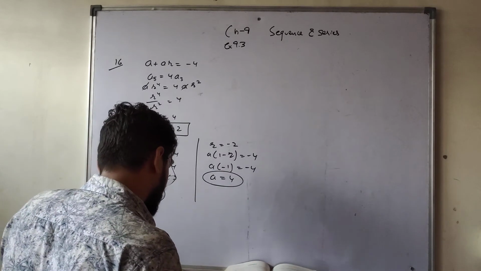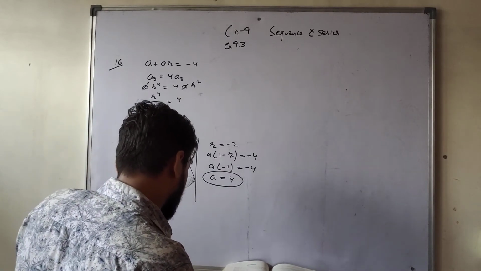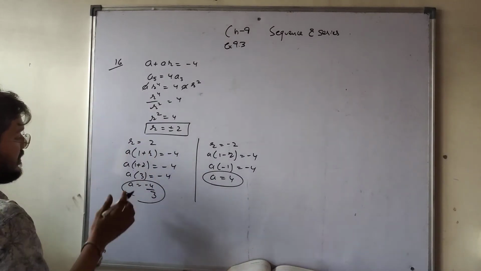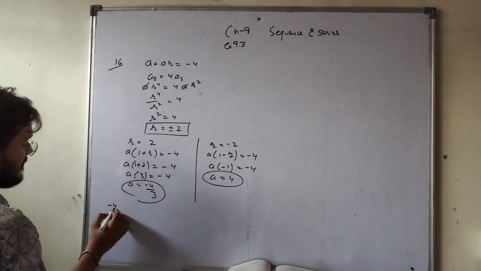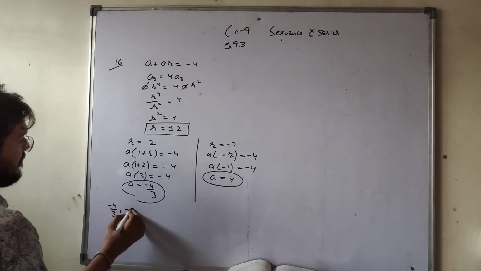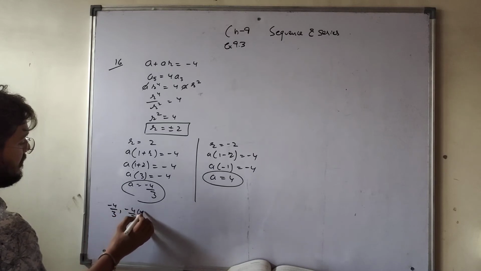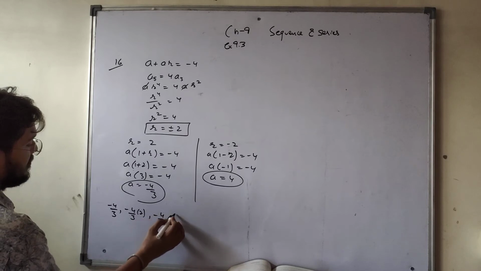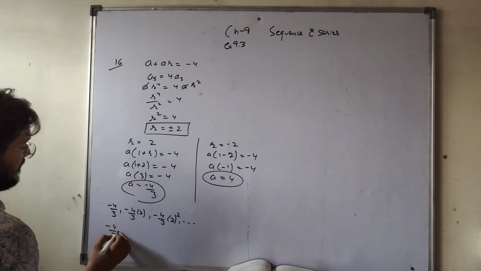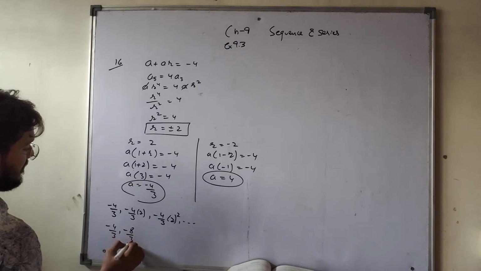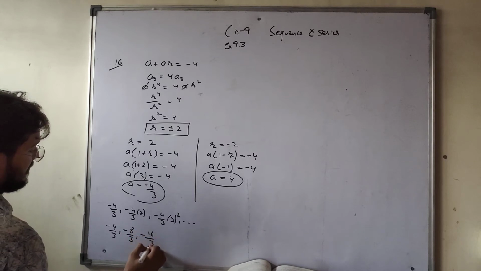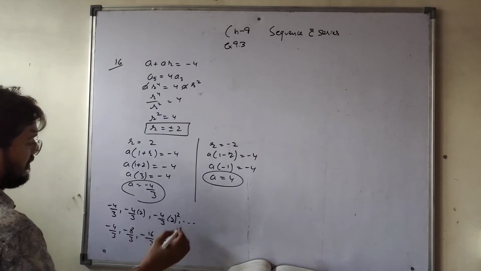So what we have to determine? Find a GP, right? So if this is a and this is r, the GP will be -4/3, comma, -4/3 multiplied by 2, comma, -4/3 multiplied by 2 square, and so on. So -4/3, comma, -8/3, comma, -16/3 and so on, right?